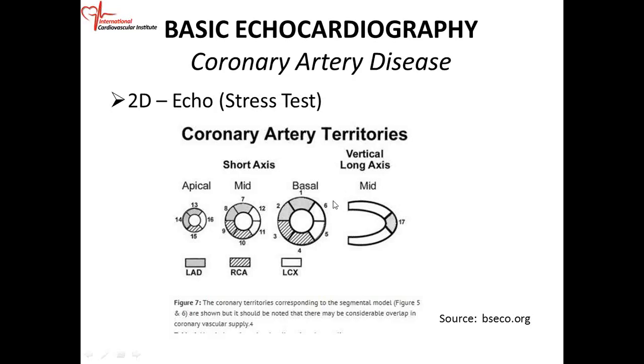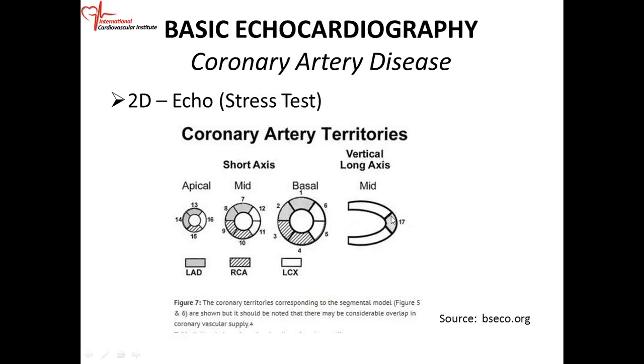And then if you look at the parasternal long, or if you call it the vertical long, then you will talk about an apical cap. So this is the 17 segment model.